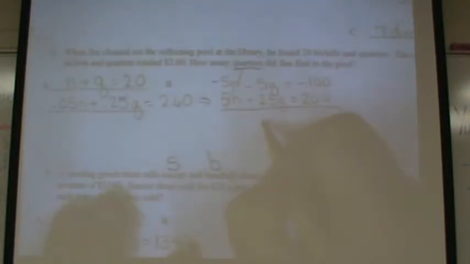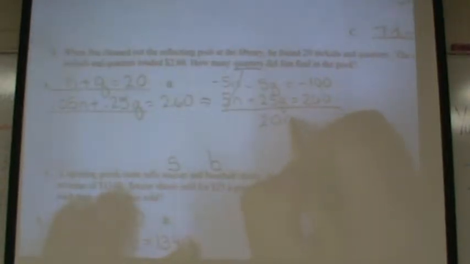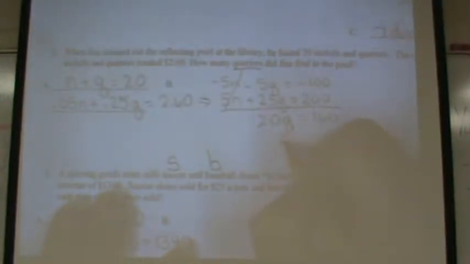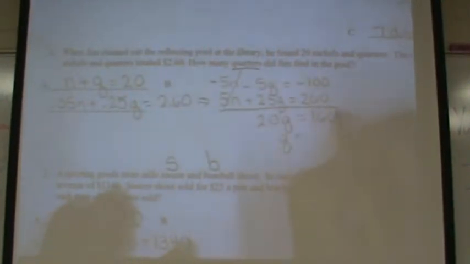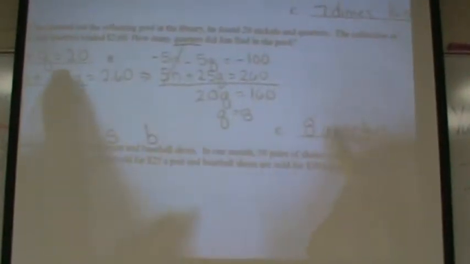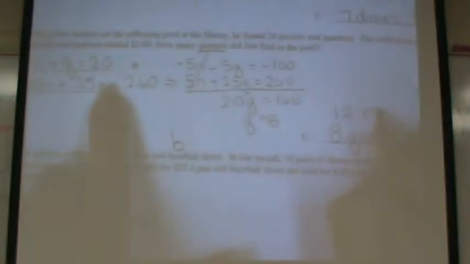Add, you get 20q equals 160. And these zeros cancel. 2 goes into 16 8 times. So that would be 8 quarters. And if you subtract 8 from 20, you get 12 nickels.